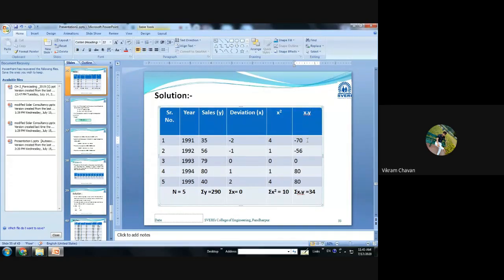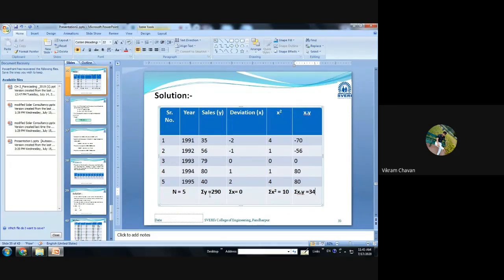So 35 multiplied by -2 becomes -70. 56 multiplied by -1 becomes -56. 79 multiplied by 0 becomes 0. 80 multiplied by 1 becomes 80, and 40 multiplied by 2 becomes 80. So add up all these products and write down at the bottom, that is summation of x multiplied by y. So it becomes 34.